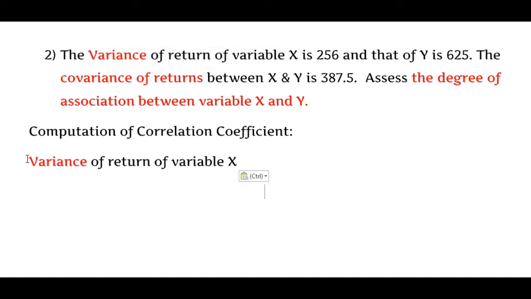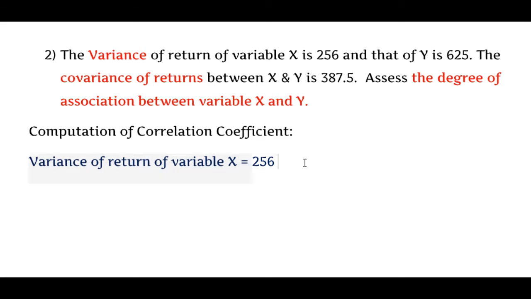So the variance of return of variable x is given, and the value is 256. Then they have given the variance of return of variable y. Let me write that as well.